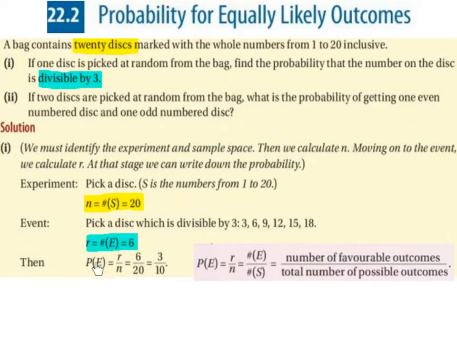Then the probability of E happening is r over n, which is 6 over 20, which simplifies to 3 over 10. So we got this formula from here, r representing the number of favourable outcomes, or basically what we want, divided by n, representing the total number of possible outcomes. So the probability is 3 over 10.